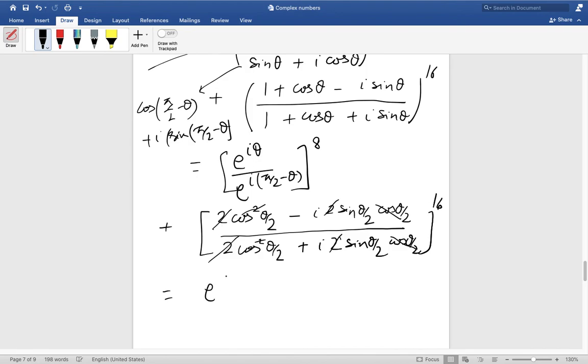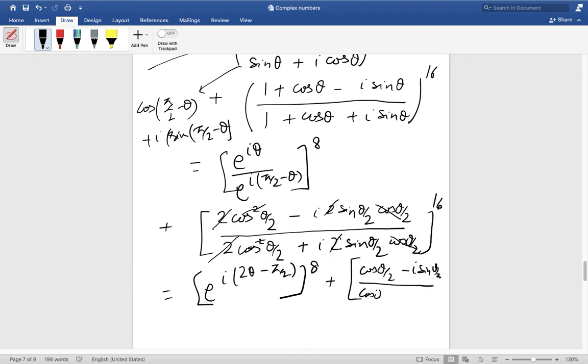So I will have e to the power iota 2 theta minus pi by 2 whole raised to the power 8 plus what is here, cos theta by 2 minus iota sine theta by 2 by cos theta by 2 plus iota sine theta by 2 whole raised to the power 16.